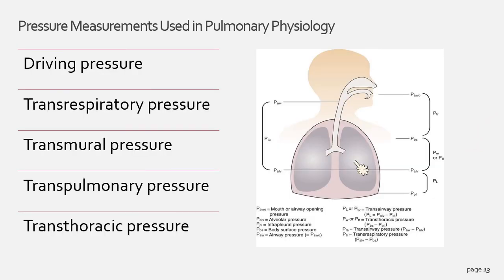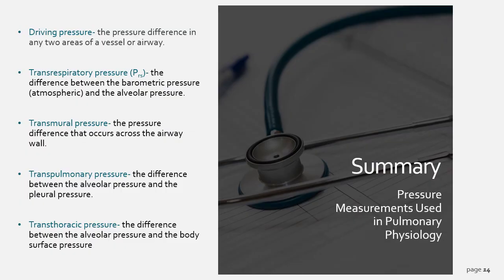So the pressure measurements used in pulmonary physiology are driving pressure, transrespiratory pressure, transmural pressure, transpulmonary pressure, and transthoracic pressure, which are all pictured here. In summary, driving pressure is just the pressure difference in any two areas of a vessel or an airway.